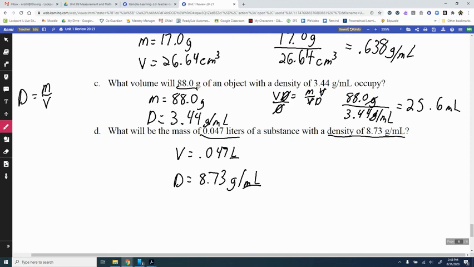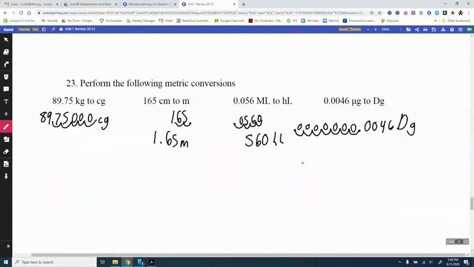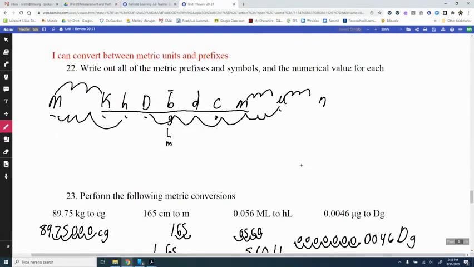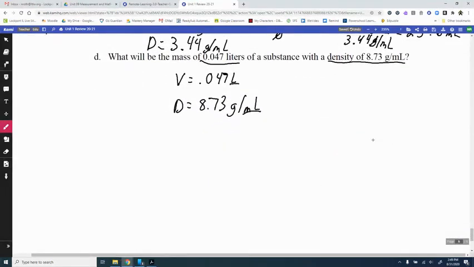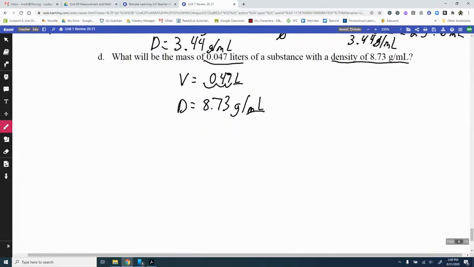Since we know that on the metric number line, liters is a base and milli is to the right 3 places, we want to move our decimal 1, 2, 3 places to the right. So that's going to be 470 milliliters.